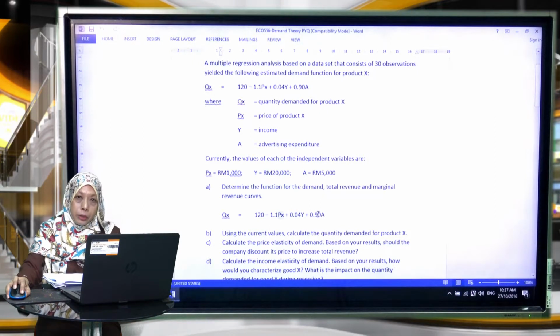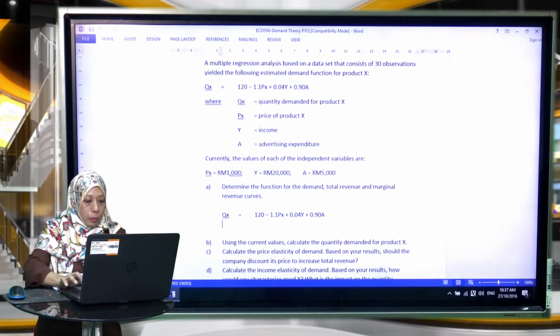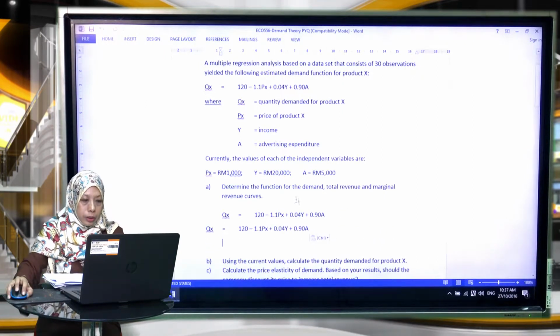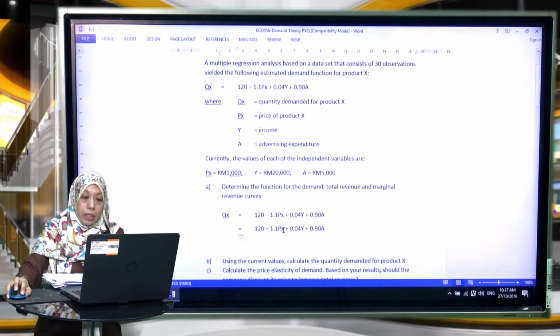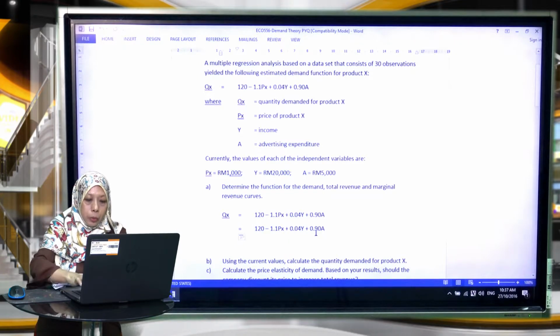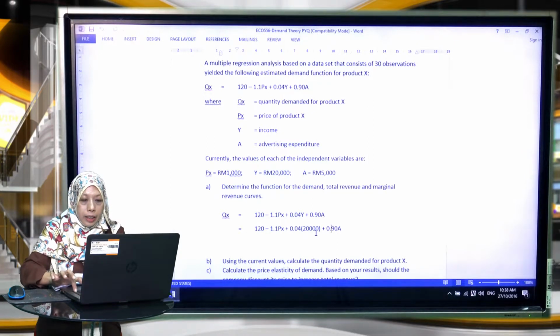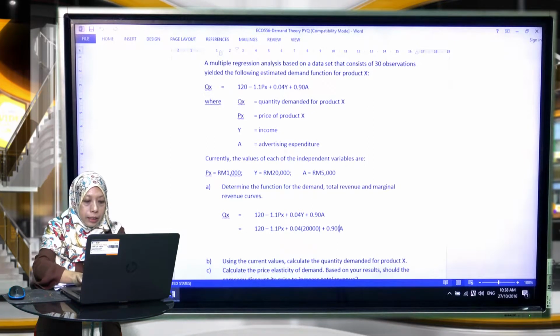You have to substitute the current values. So we're going to plug in all the values except for the value of Px. So Y here is given as 20,000, and A is given as 5,000.